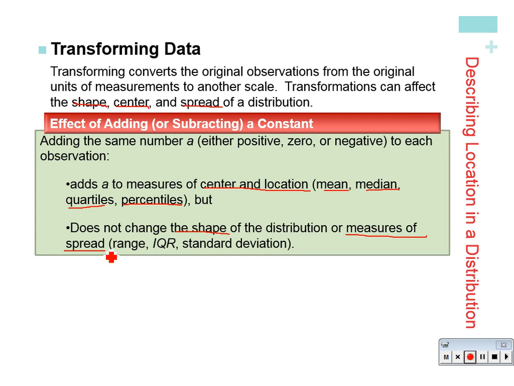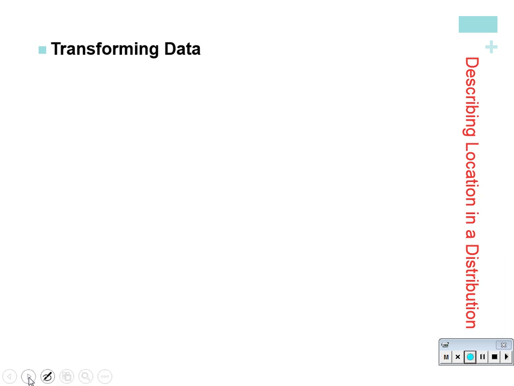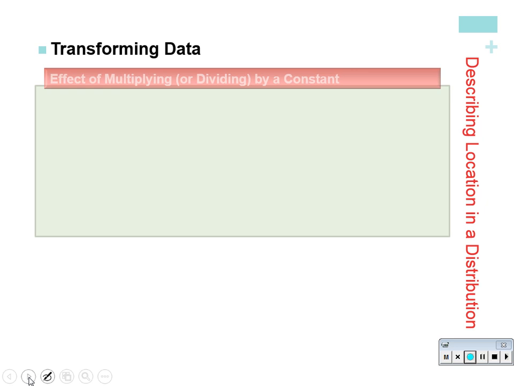When you're adding and subtracting, the spread does not change either. Measures of spread are the range, the interquartile range, and the standard deviation. Those values will not change when you add or subtract a constant to all the data values.